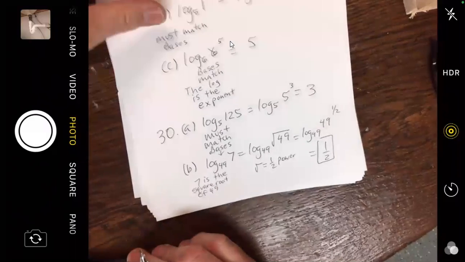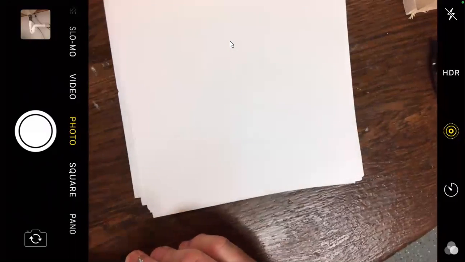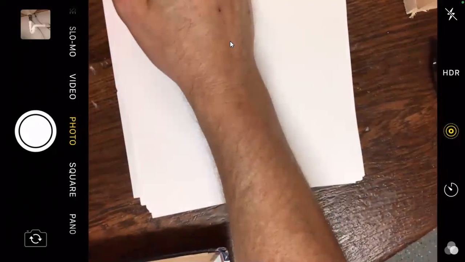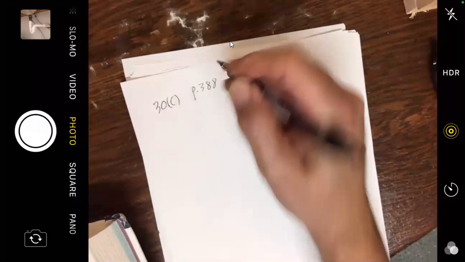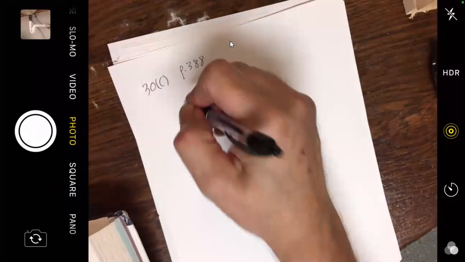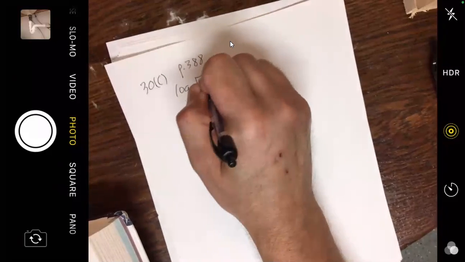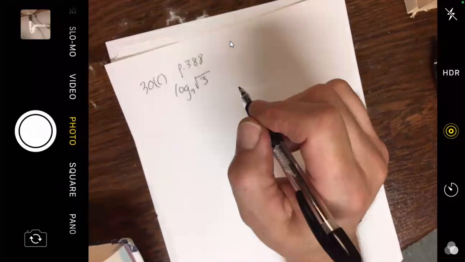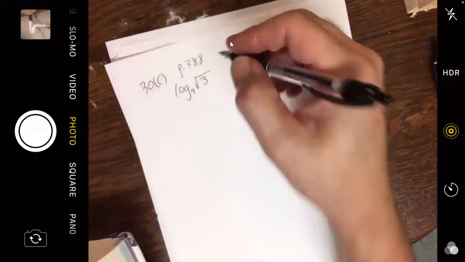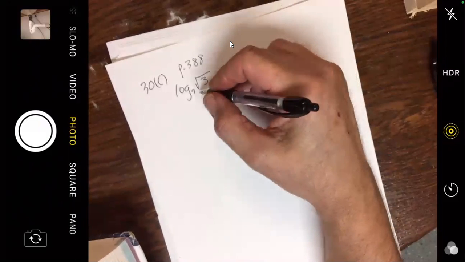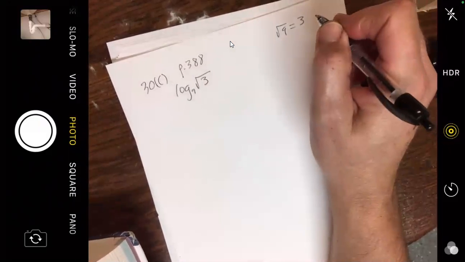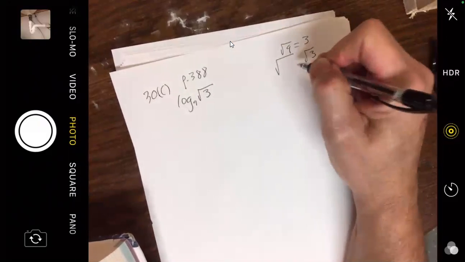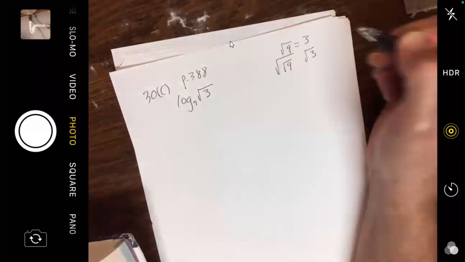How about 30C? Page 388. Log base 9 of the square root of 3. All right, well, this is a little tricky. How to get to 9? Again, the square root of 9 is equal to 3. So puzzling this out, if I did a square root of 3 here, I'd have the square root of the square root of 9.